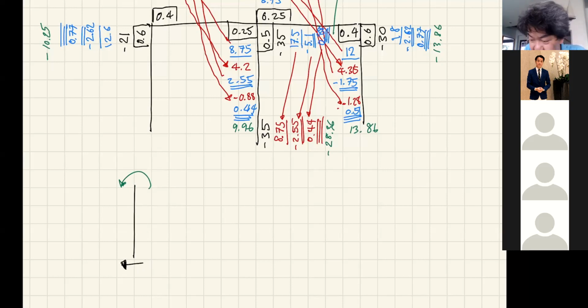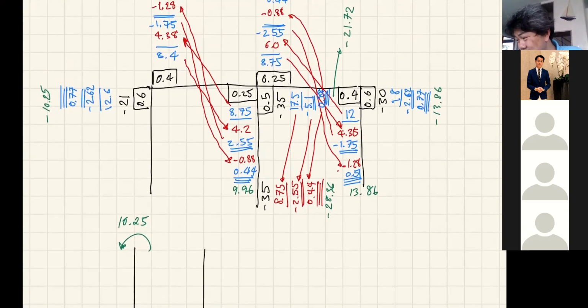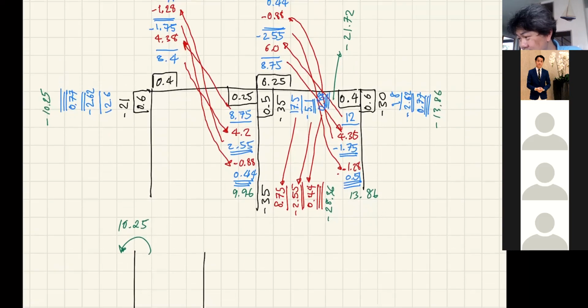That's 2.05, coming from the moment of 10.25, right? Yeah. The second one, the moment is minus 21.72.